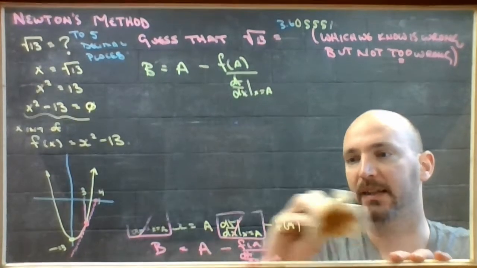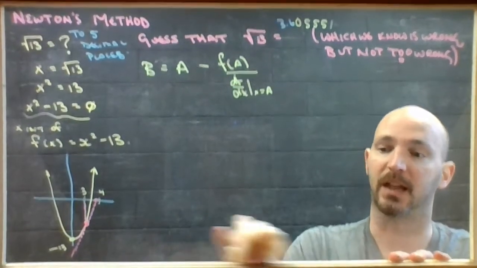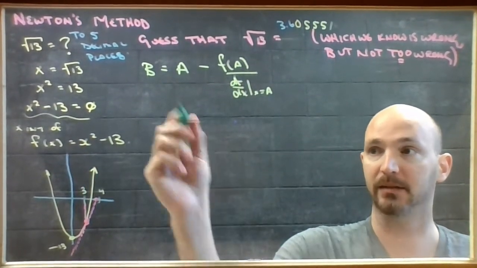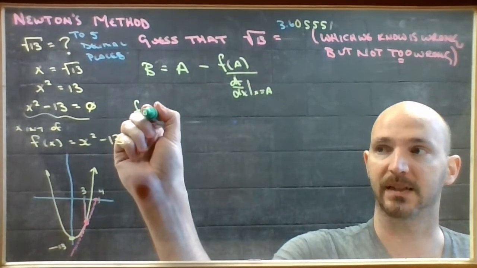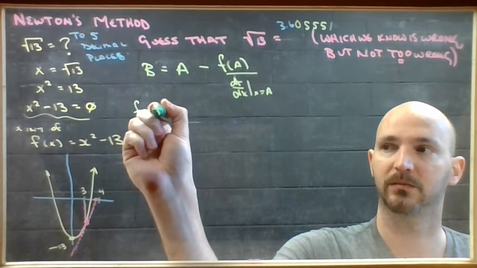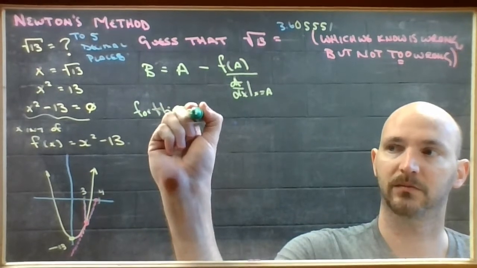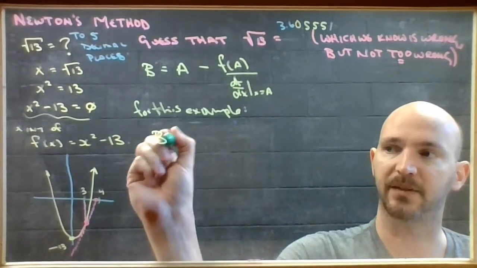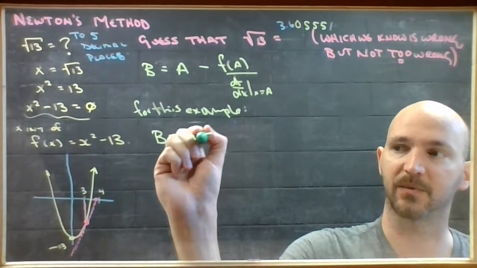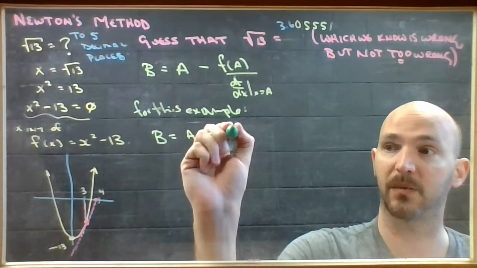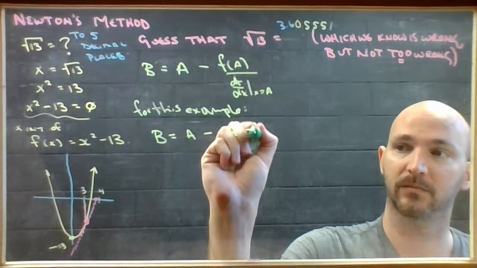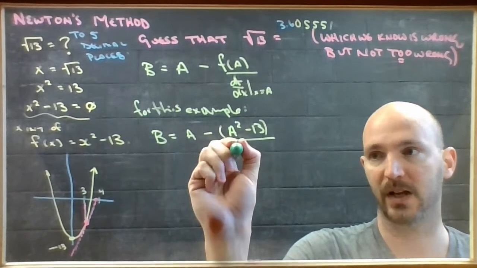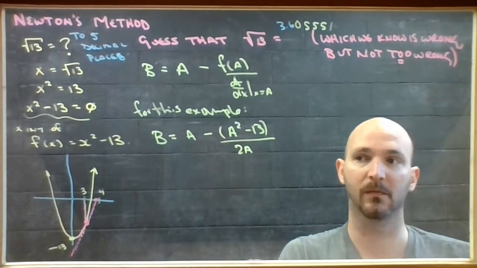Okay. So if I take this particular function that I'm working on, the function evaluated at a, for this example, my next guess will be my first guess subtract my first guess squared minus 13 divided by 2 times my first guess.